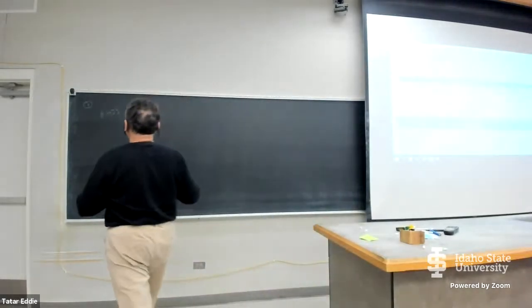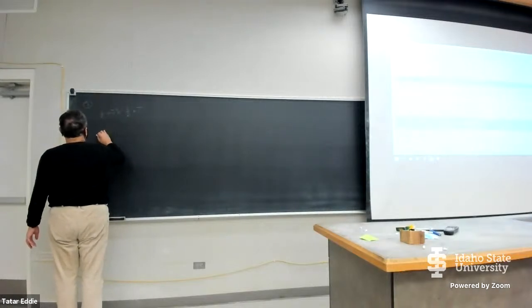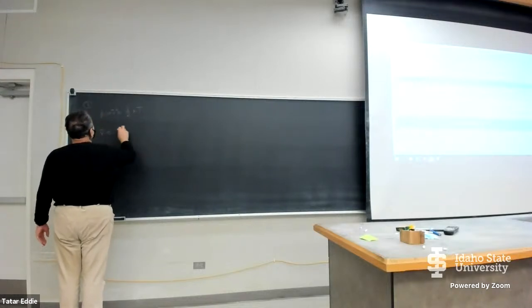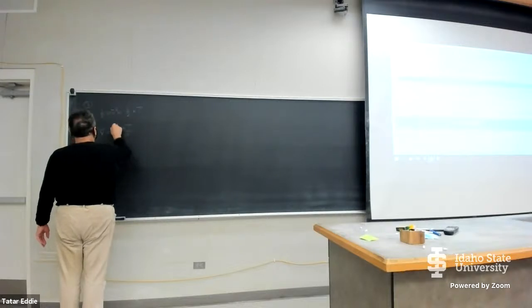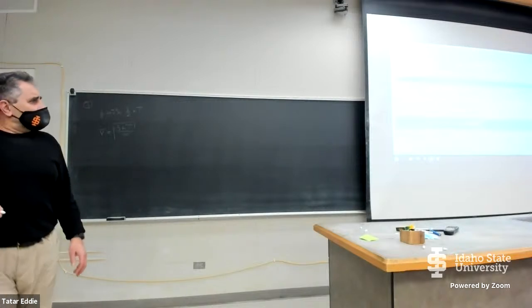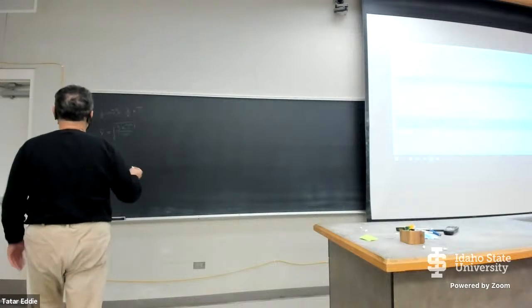And from there, you find that the average speed of that molecule is going to be equal to the square root of 3 kT divided by the mass. This is the average speed. And that's it. And after that, do kinematics.